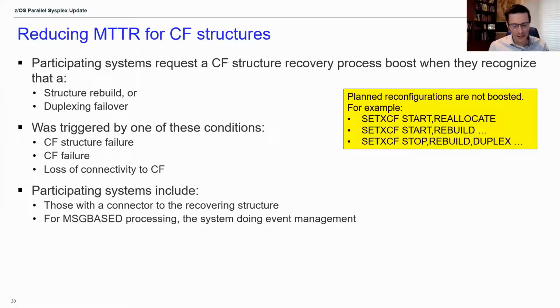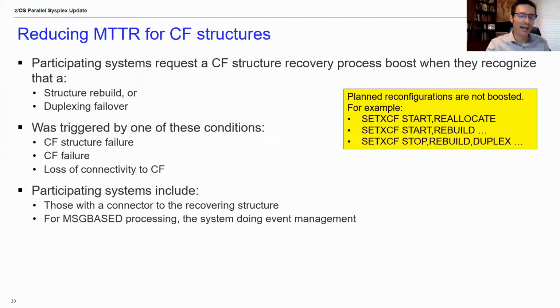The key to knowing when a structure rebuild is going to leverage a Sysplex recovery process boost is when there is a failure of some sort. When the structure rebuild or duplexing failover is taking place and it was triggered by one of these events, this is very important to understand: not all structure rebuilds will get a process boost.